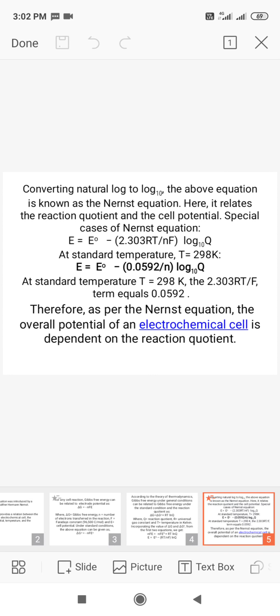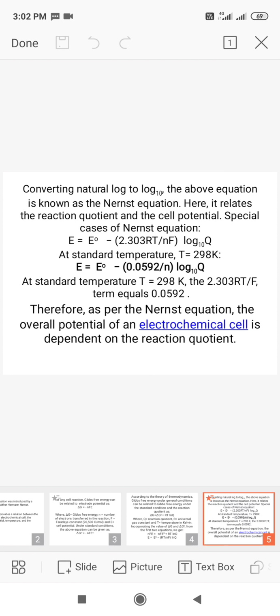While multiplying 2.303 into R, the gas constant, 8.314 joules per Kelvin per mole, and T, temperature 298 Kelvin, divided by 96,500 coulombs, it gives you the value of 0.0592 divided by n log to the base 10 of the reaction quotient, that is Q.